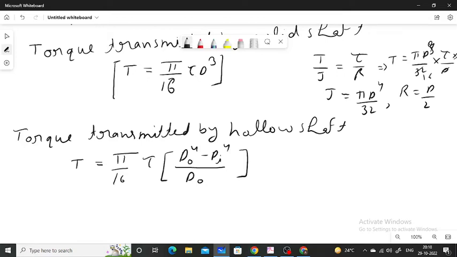Here the inner diameter of the hollow shaft is 2 by 3 of the outer diameter.